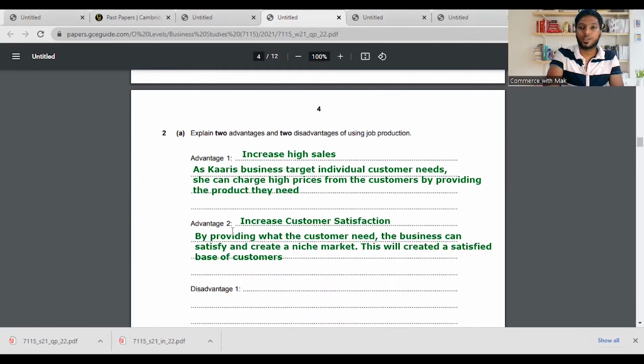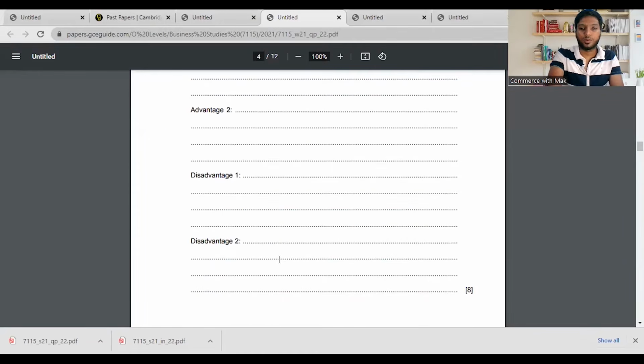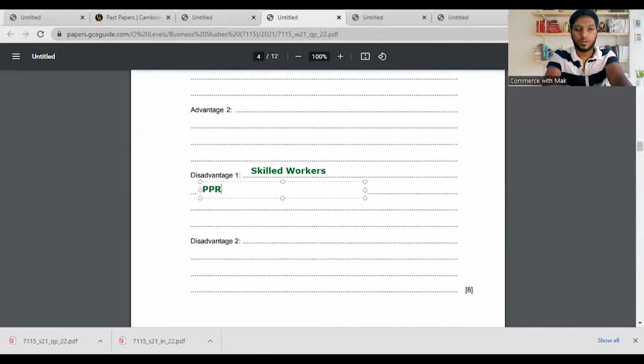So I'll start with a few of these because I have written a lot, so I'm going to clear this off. I'm going to write the disadvantages. Number one, what do I have? So disadvantage number one says skilled workers. Okay, PPE, I'll write PPE should hire skilled workers to provide what the customer needs.